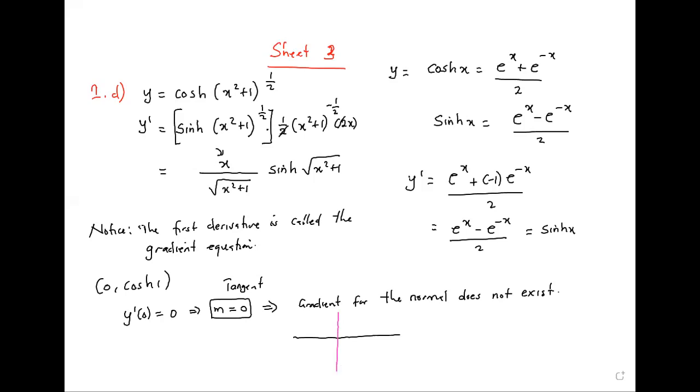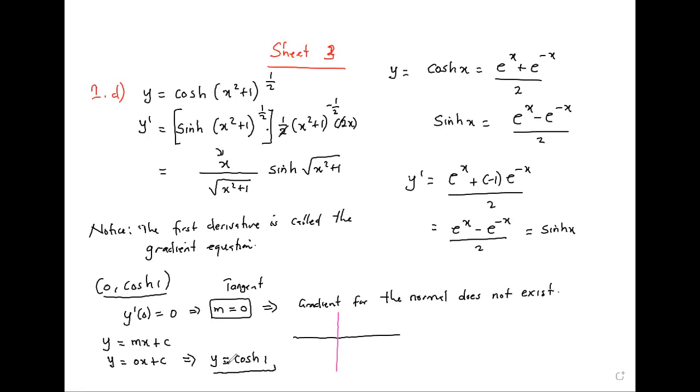So all we have now is y is equal to mx plus c. Since m is 0, we'll have 0x plus c. So at the point 0, cos 1, our tangent equation is going to be y is equal to cos 1.